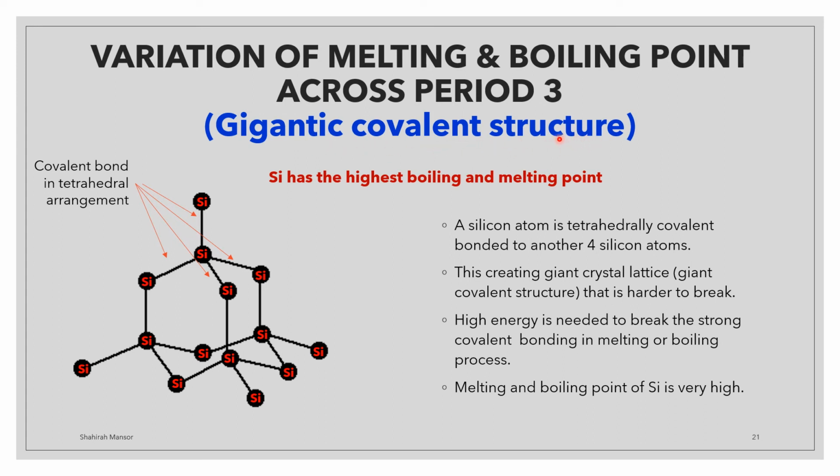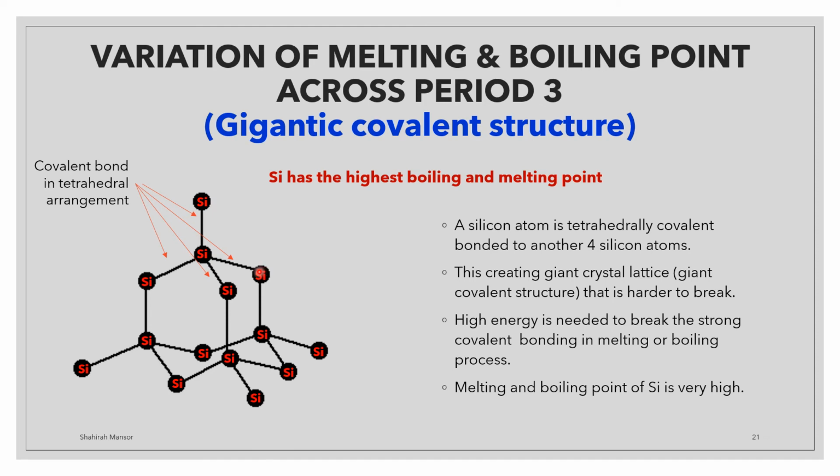Okay, so macam manakah bentuk gigantic covalent structure ini? Okay, tengok pada this gambar aja. A silicon atom is tetrahedrally covalent bonded to another 4 silicon atoms. Maksudnya, satu silicon atom akan tetrahedrally covalent bonded. So, yang hitam ini adalah covalent bonding di antara this silicon dengan 4 atom silicon yang lain.